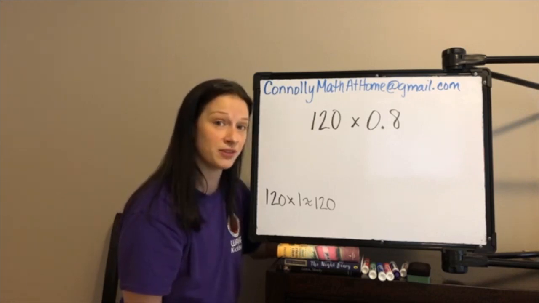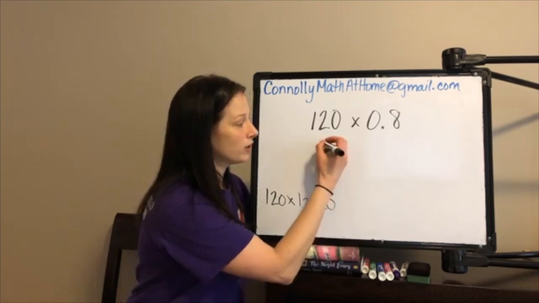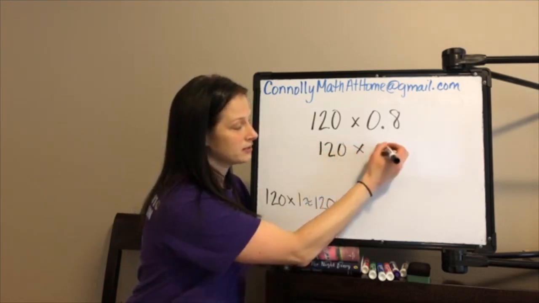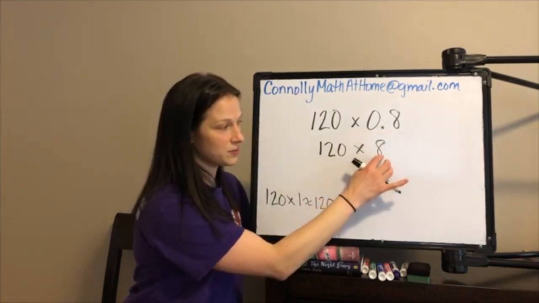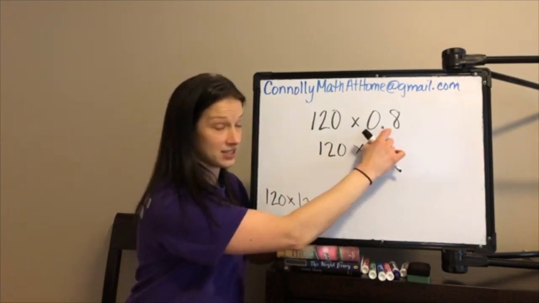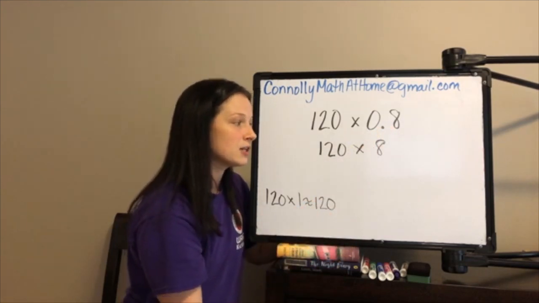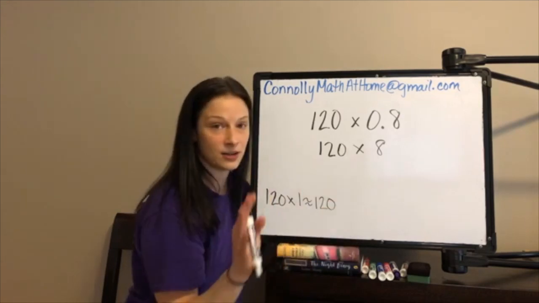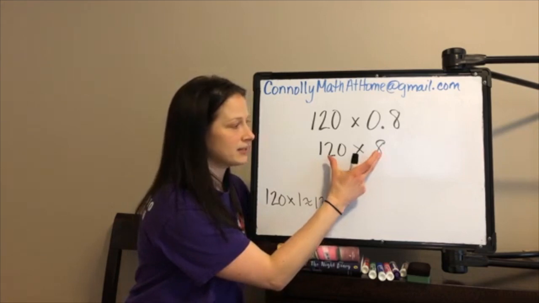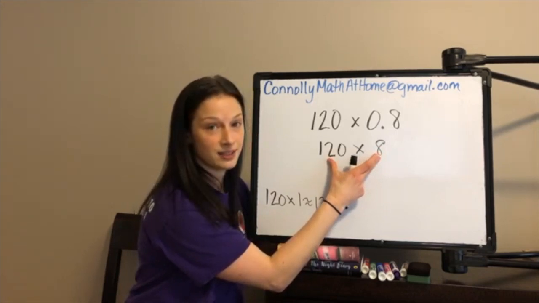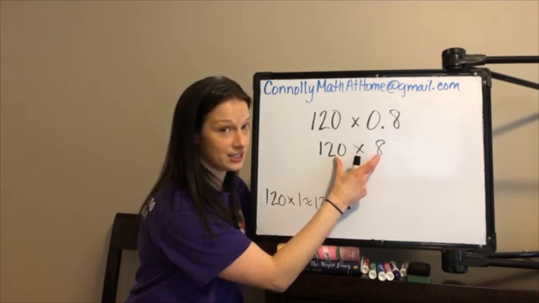So what can we do to solve? Well, we can do a couple things. First, I want us to think about this as whole numbers. So we're going to think about 120 times 8. And you should be thinking about what is the difference between this factor and this factor, because that's going to help us in the end to make sure our decimal's in the correct place. So again, standard algorithm, I know that you're going to be tempted to do it, but think about this. 8 times 100 is 800. 8 times 20 is 160.